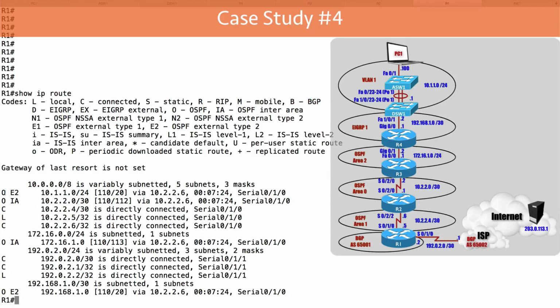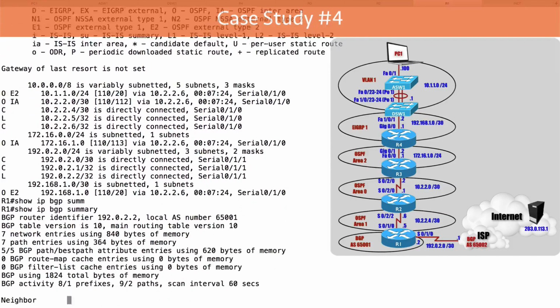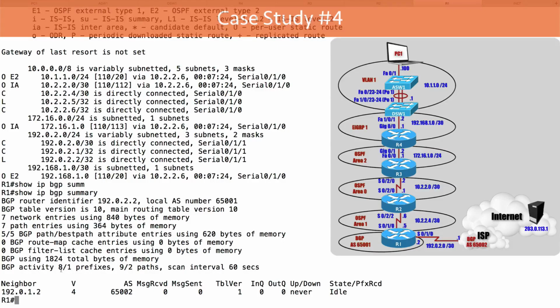I've learned routes via OSPF, but not via BGP. This is suggesting to me that maybe I should start troubleshooting BGP. Do I have a BGP neighborship with my ISP router? And if not, let's recall some of those things that have to match up in order to have a BGP neighborship. Let's do a show IP BGP summary command, and this will show us our configured neighbors.